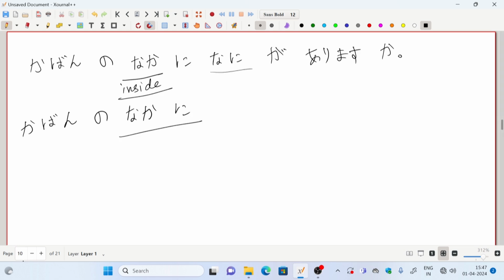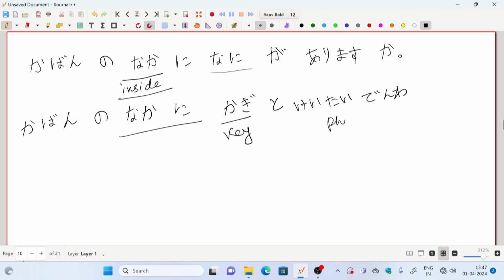Let's put different objects. So key is called kagi in Japanese. Kagi to kaban no naka ni kagi to phone. So we all have mobile phone, so it is keitai, denwa.